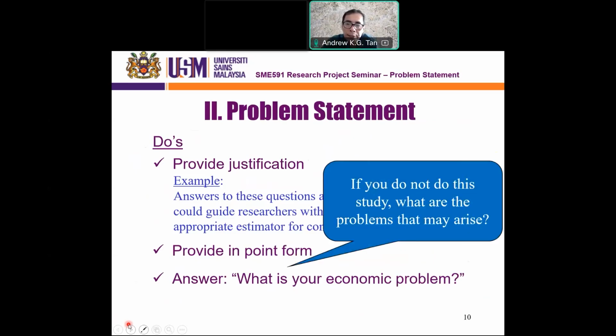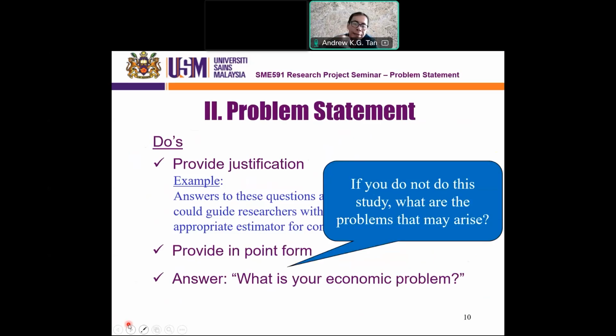If you do not do this study, what are the problems that may arise? Whenever I read a problem statement, I ask this question: did the student state it very clearly or not? If he or she does not conduct the study, what are the problems that may arise?